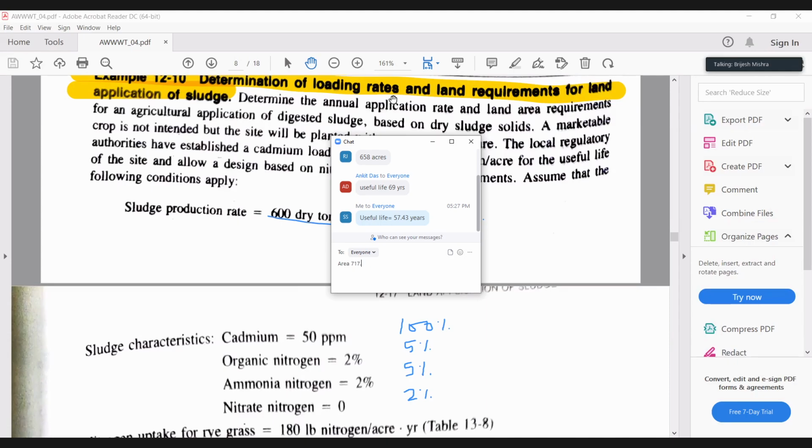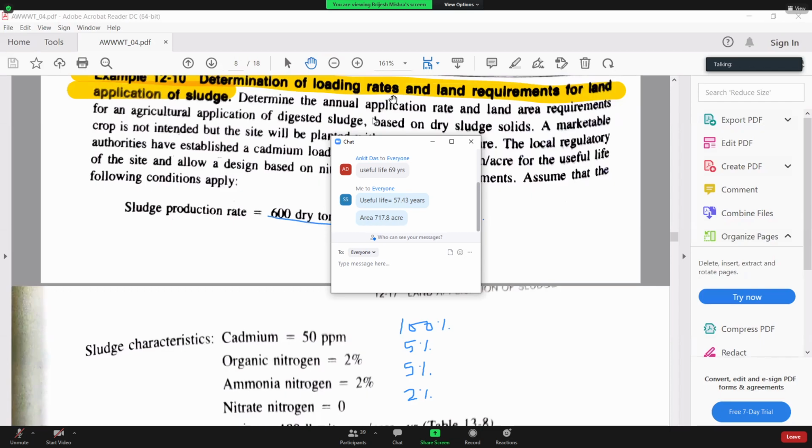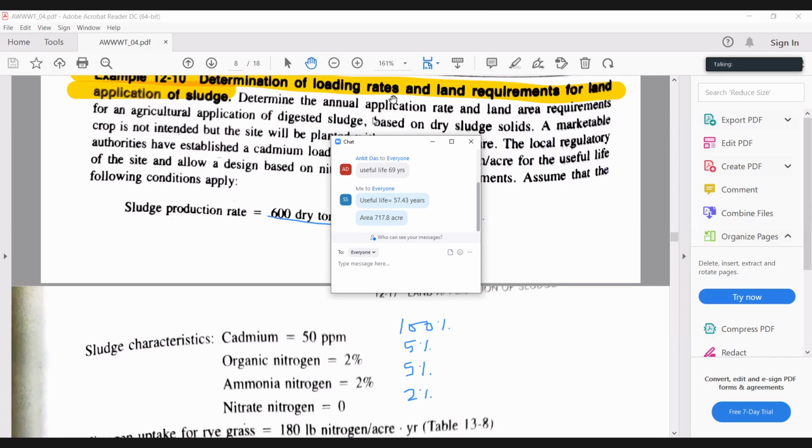Subham Singh, what is your area? Area is 717. So everybody is getting different answers. I will save the chat, then I will solve by myself, then I will check.